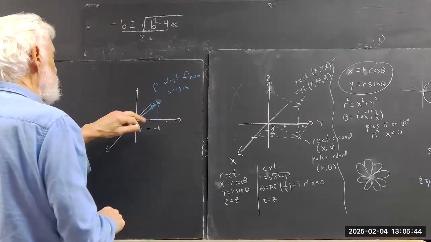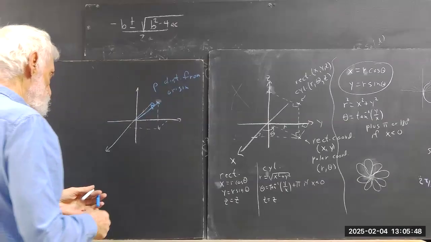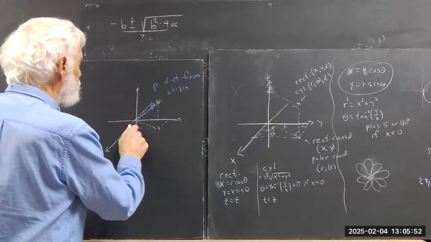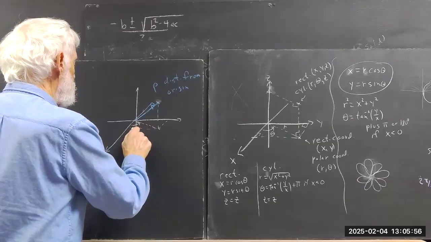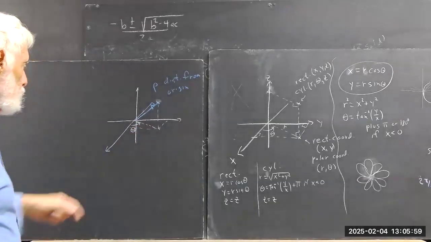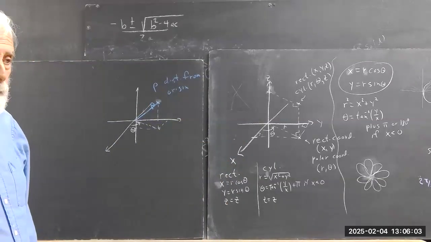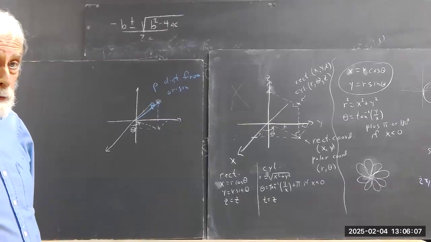That's your distance from the origin. The reason I don't like the way I labeled that, well, we'll see in a minute. Here's theta, same as it is for polar coordinates or cylindrical coordinates, okay?